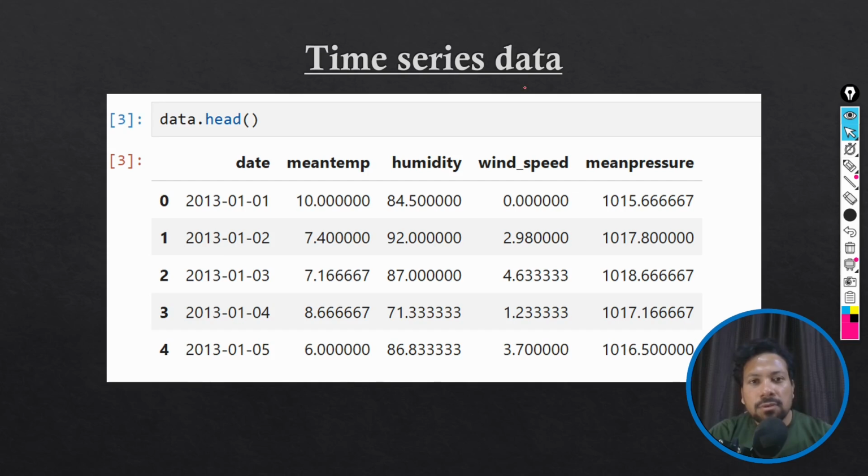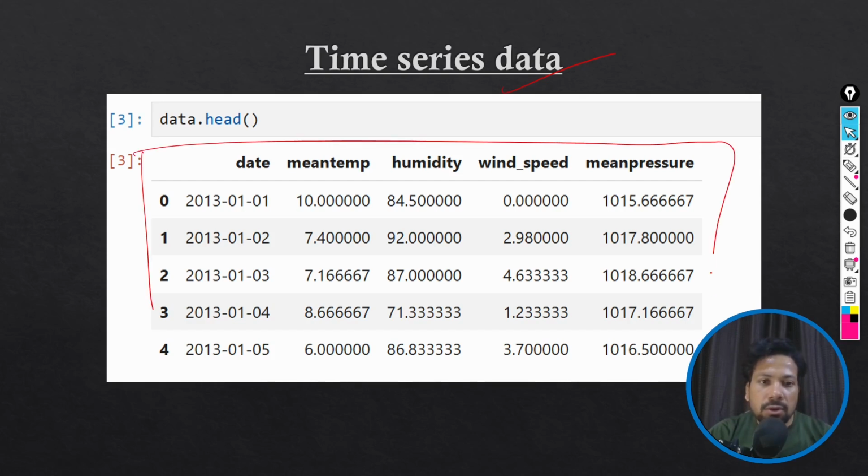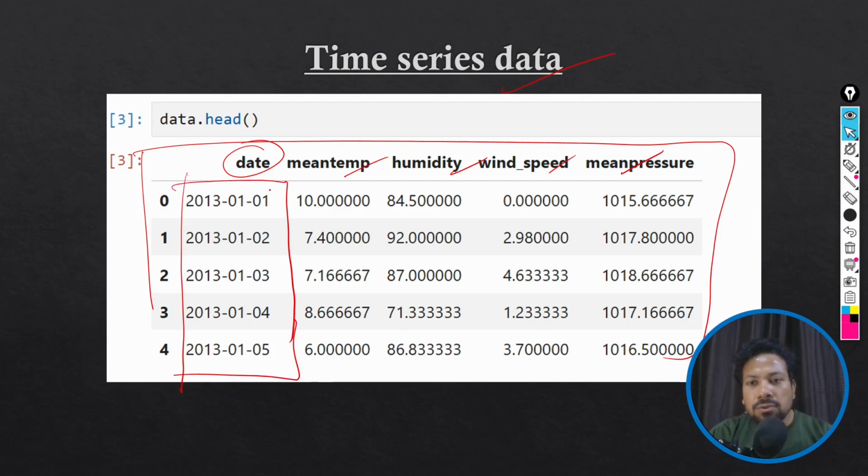So first of all, I'm going to explain what time series data is. As you can clearly see here, we have a data frame containing a date column and a few other columns which have some kind of information in them. But if you look closely, you will find that this particular date column has a sequence in it. The first row has 1st January 2013, and then 2nd January 2013 and 3rd January 2013.